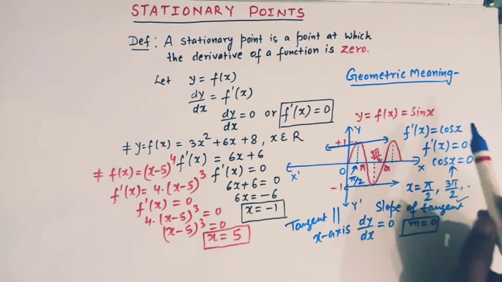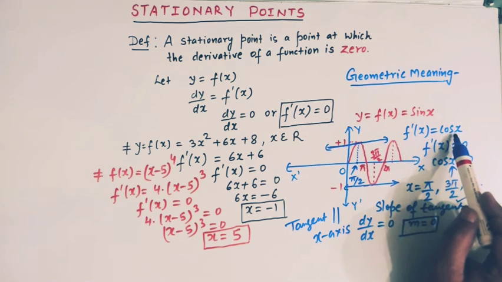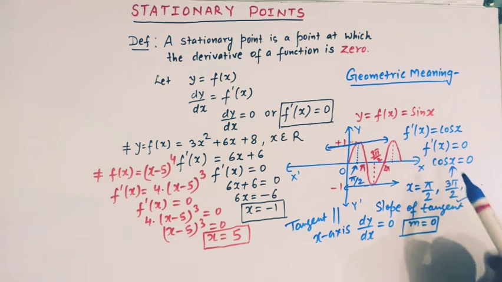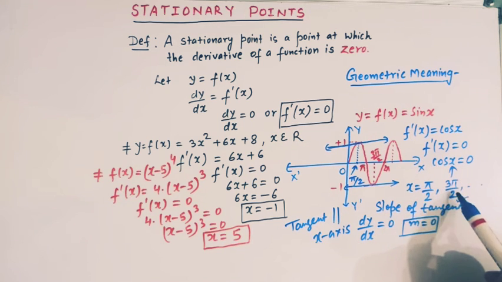So if we consider the trigonometric function sin x, the derivative is cos x. For stationary points, we have cos x equal to 0, and here I have written only two solutions, x equal to pi by 2 and x equal to 3 pi by 2. There will be more solutions.